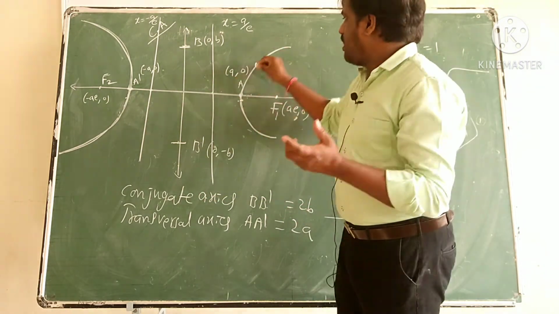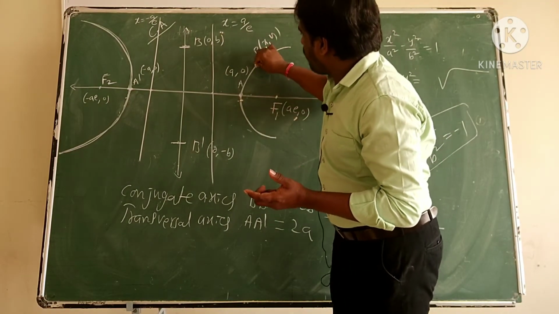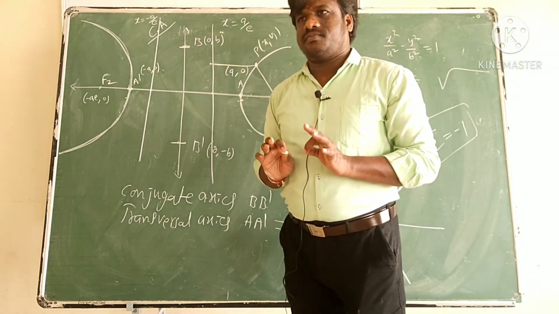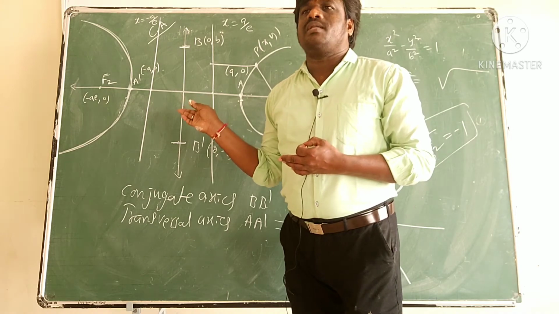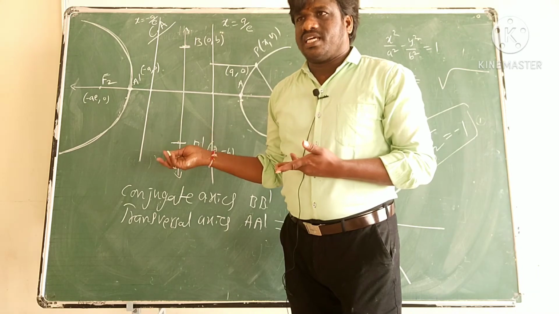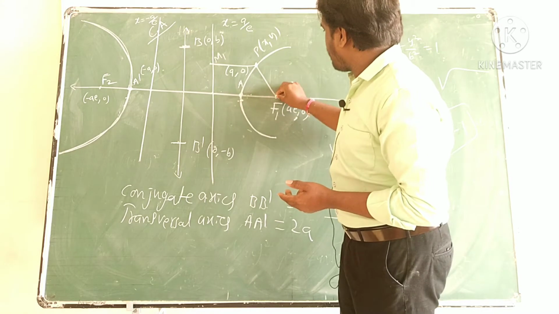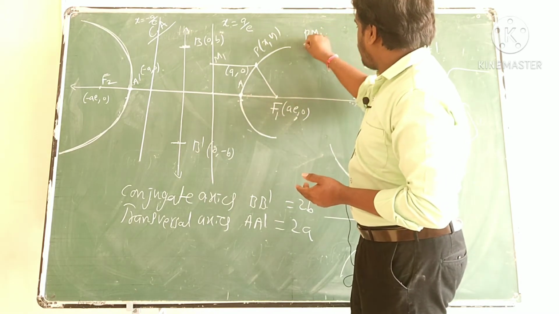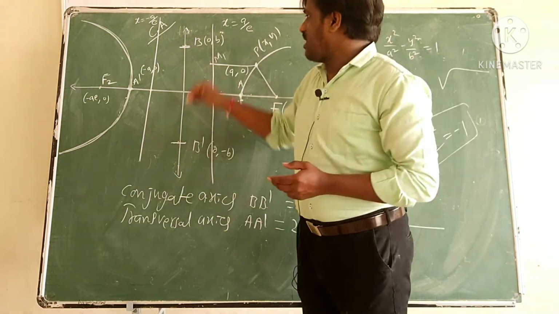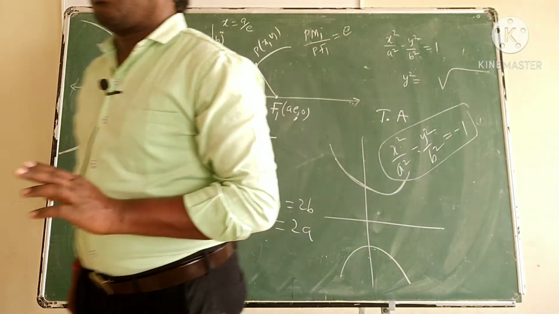If I take any point on this hyperbola, the ratio of this to this is equal to e, the eccentricity. So if I take this as M1 and the focus as F1, PM1 by PF1 will be the eccentricity. So there will be two characteristics for the hyperbola. Understood?